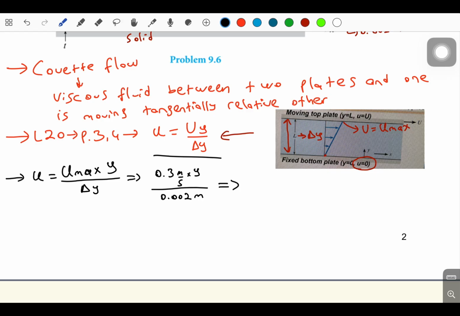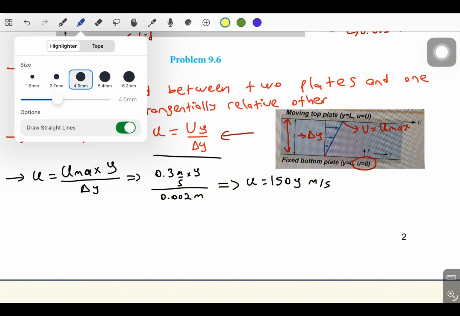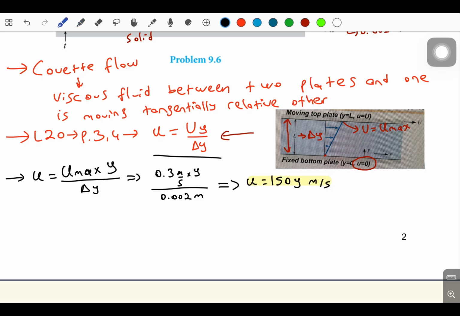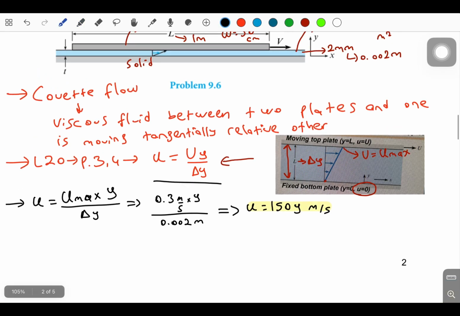And this gives u as 150 y meter per second. So based on the value of y, for example, if it is 0, of course this velocity will be 0. Or if it is max, we will get the length of the distance of y times 150. So this is the first thing that the question asks. So let me write A.